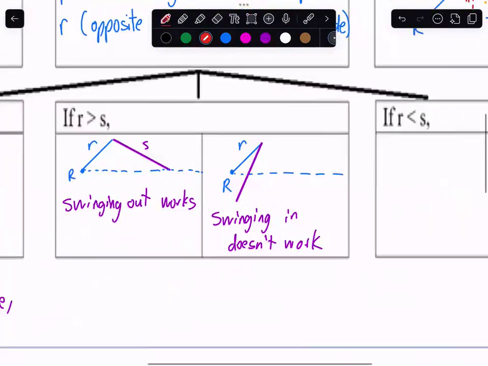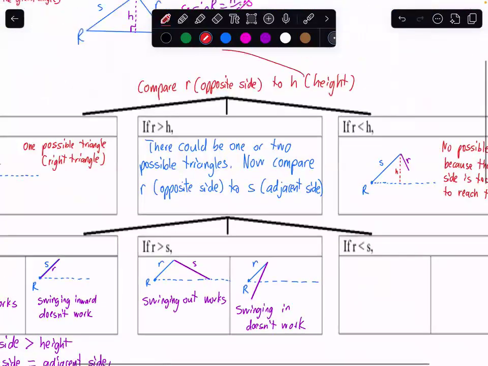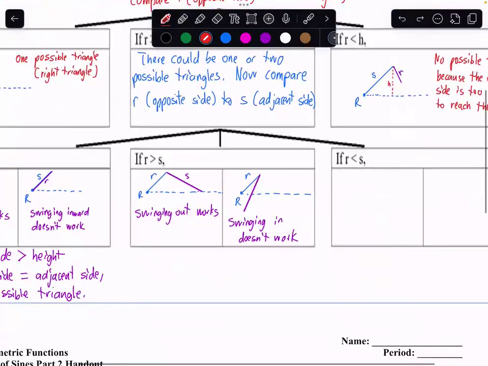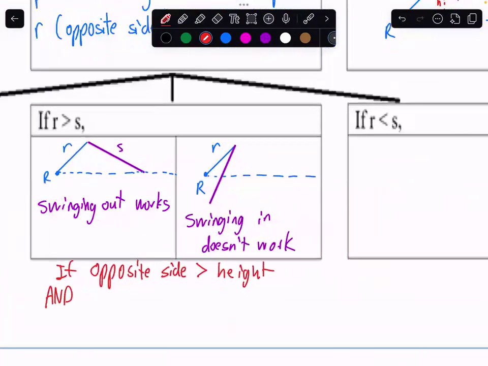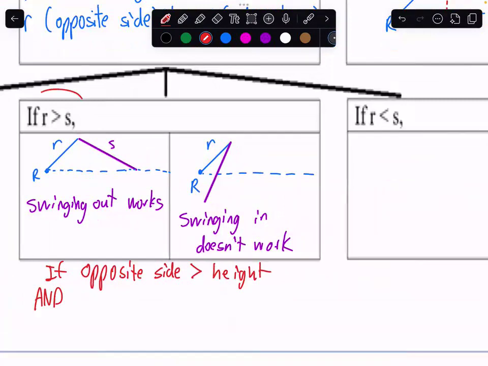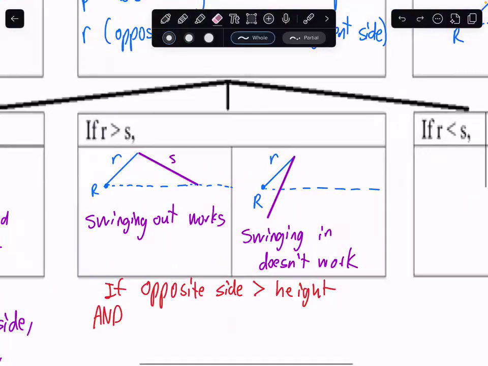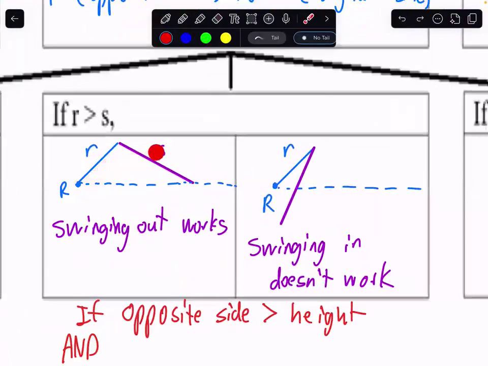So our summary here, again: first we compared the opposite side and found it was greater than the height. And then the second thing is we compare the opposite side to the adjacent side. Oh wait, sorry, I mislabeled these. The opposite side has to be the same letter.